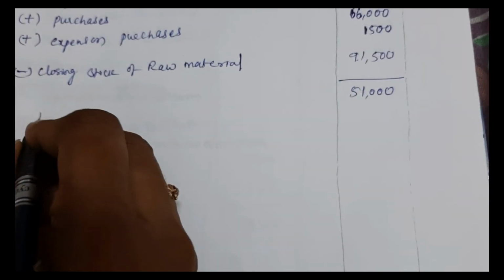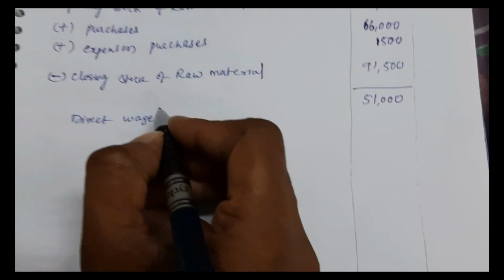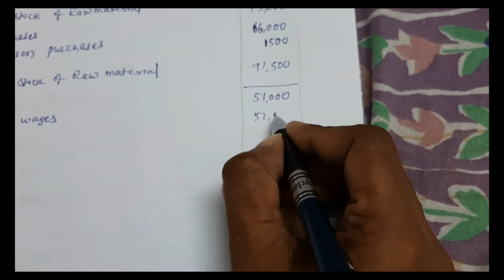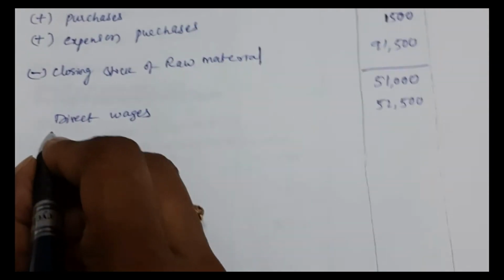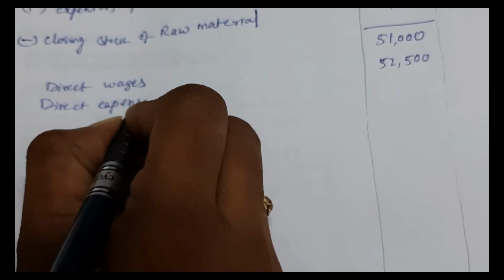And to this we should add direct wages, which are amounting to 52,500, and we should add direct expenses.